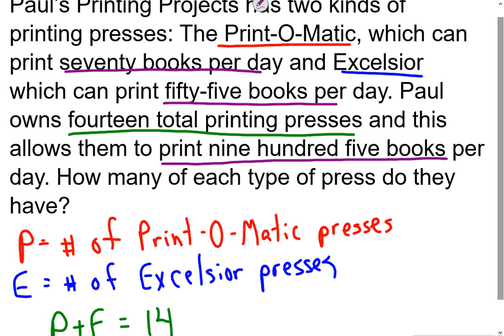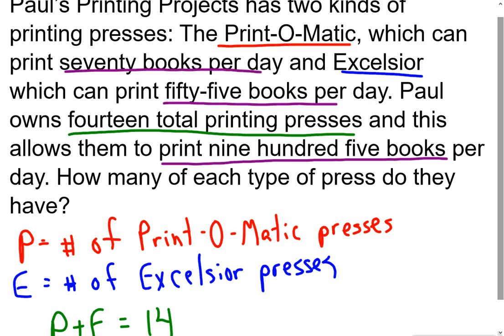So if I take the number of Print-O-Matic presses that I have, which is P, I multiply it by 70, that's going to tell me how many books just the Print-O-Matic presses print each day. And I do the same kind of thing with the Excelsior. Take the number of Excelsior presses I have, multiply it by 55. That'll give me the total number of books the Excelsior presses print each day. And then if I add them together, it's going to equal the 905 books.